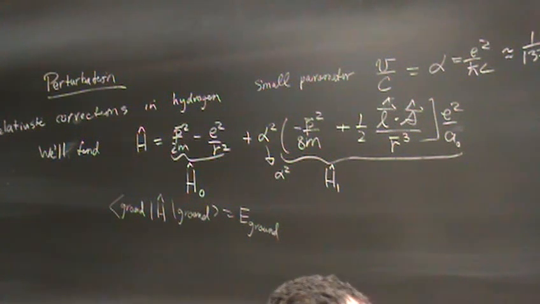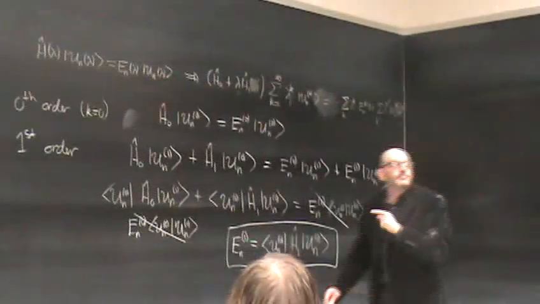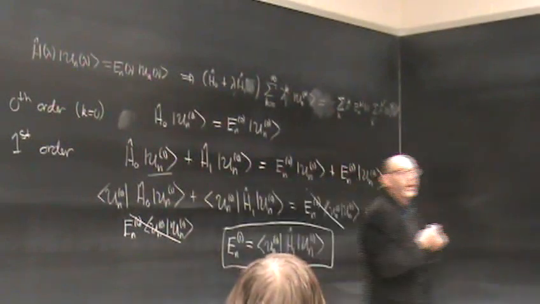All right, very good. Now what about the first order correction to the state? How do I find that?